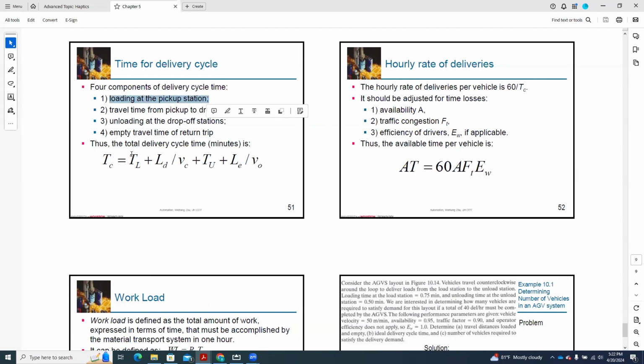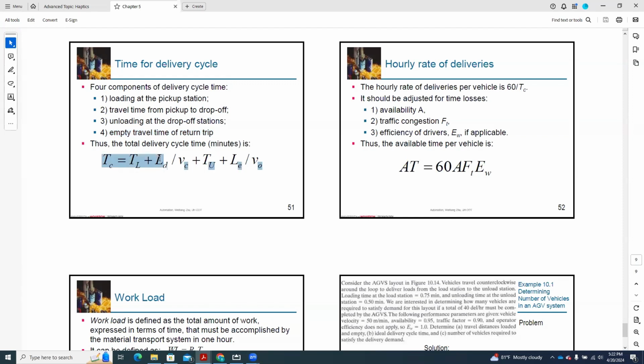The first one, TL, is the time it takes to load an object, and then it takes certain time to travel to a drop-off station, and it takes some time to unload all the objects it has carried, and then it does not stay there. It has to make a return trip to some other station. It can be the station where it started, the pickup station, or any other station. So these are the 4 times.